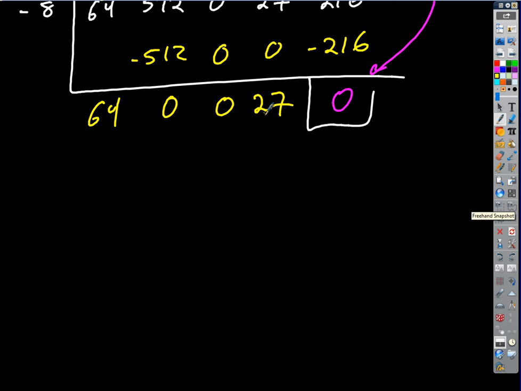Well, what is that? That's our constant, then the coefficient of x squared, the coefficient of x cubed. So 64x cubed plus 27. We want to find the zeros of that. Well, how are we going to do that one? This is good practice.